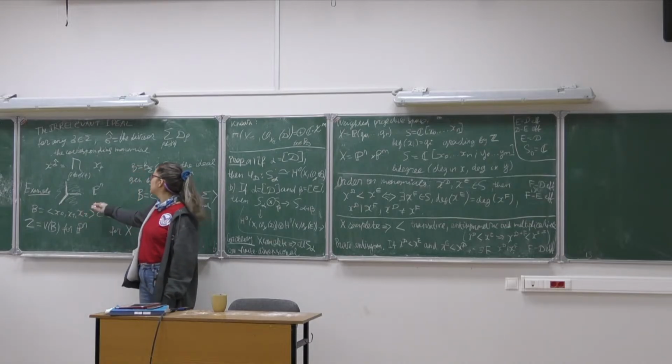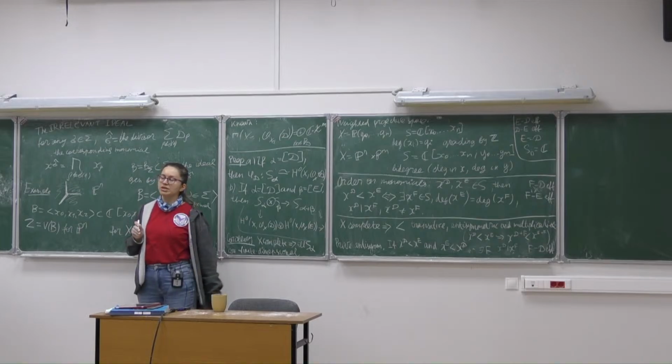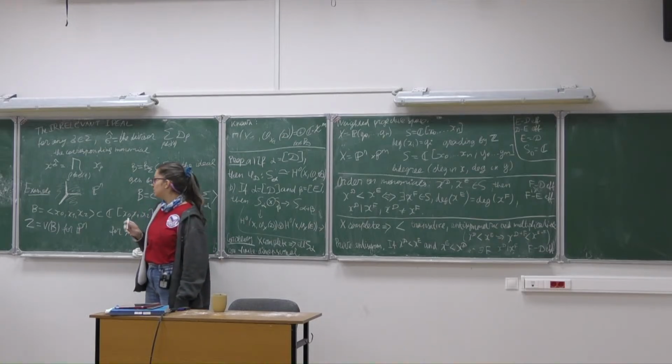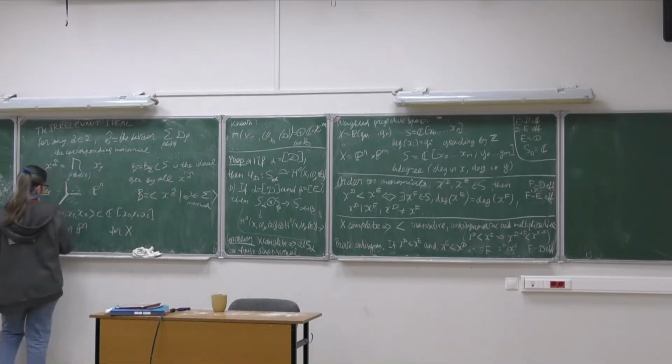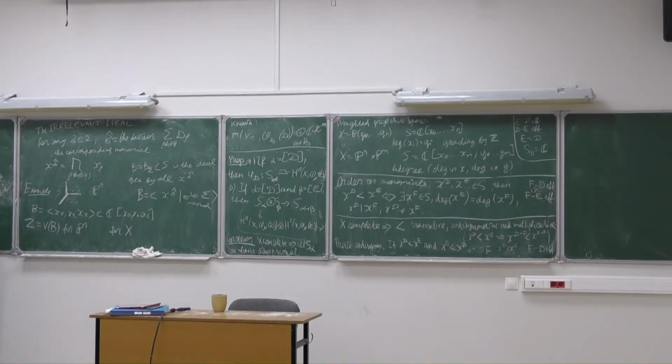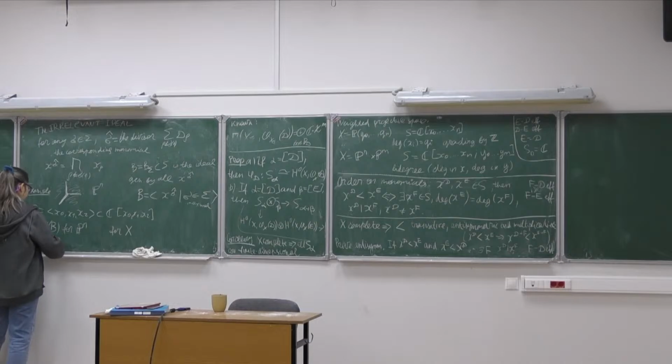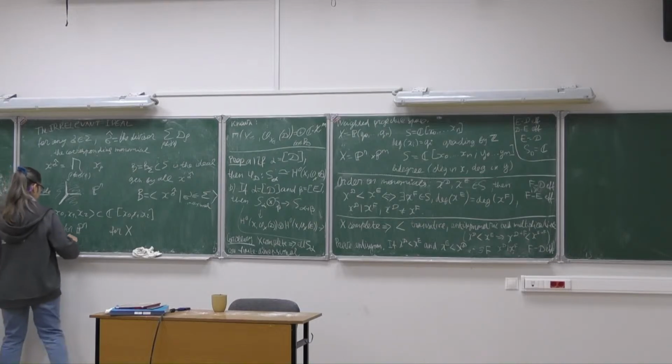So we have n plus 1 coordinates. What is the vanishing of this ideal? x0 is 0, x1 equals 0, and x2 equals 0. For Pn, this is only the 0 point.